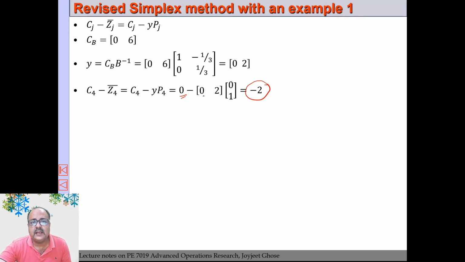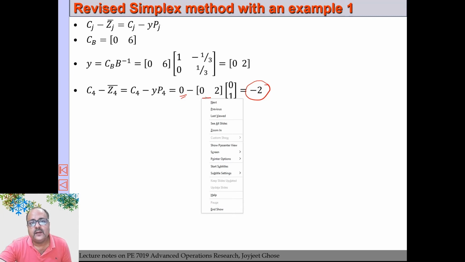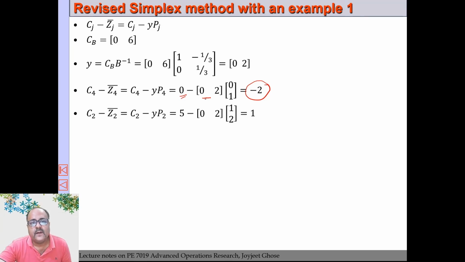Now you will understand why we have taken a row matrix, because if you multiply a one-row matrix with a one-column matrix, we get a single element here. So that one element subtracted from Cj will give me the value of Cj minus Zj. That's why we have taken it as a row matrix. Similarly, C2 minus Z2 can be found out. It comes up to 1. Now since this is 1, the solution is not optimal.